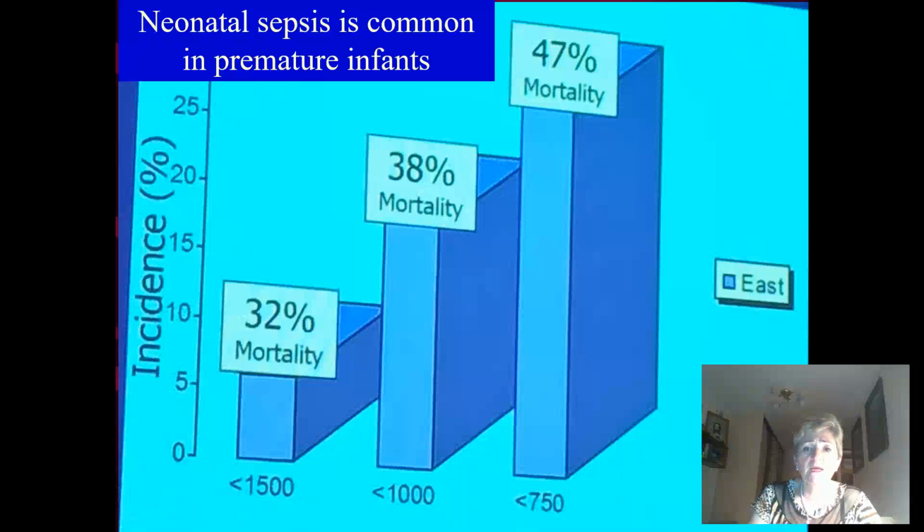Here we can see very high mortality, about 50%, in newborns with weight less than 750 grams, extremely preterm newborns. About 40% mortality in newborns less than 1 kilogram, and more than 30% mortality in newborns less than 1,500 grams.